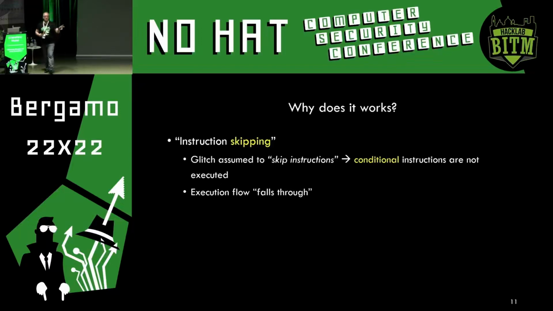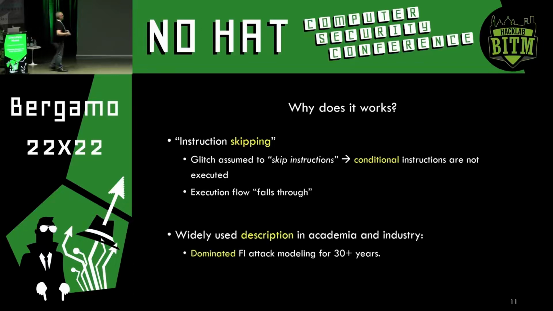Then we can always discuss if this is really happening that way or not, but that's another point. What you see is that an instruction is being skipped. A skipped conditional instruction is then not executed. So this means that the if will not be checked properly and the execution will continue on. And this will lead you, in many cases, to execute the wrong image you have just loaded.